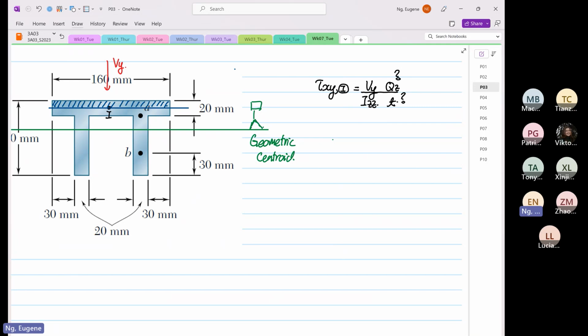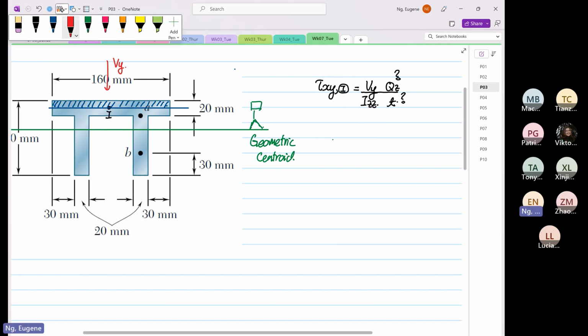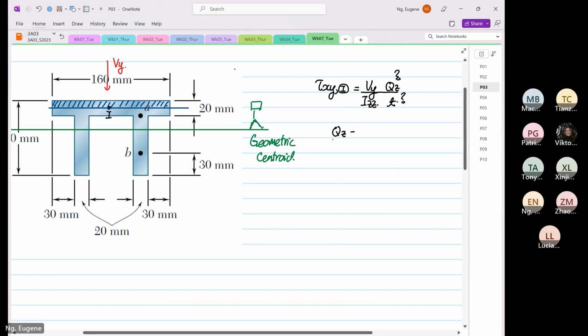So for this case, we know that Qz is equal to A y bar. Now if I were to calculate the area, I'm just going to put in numbers.